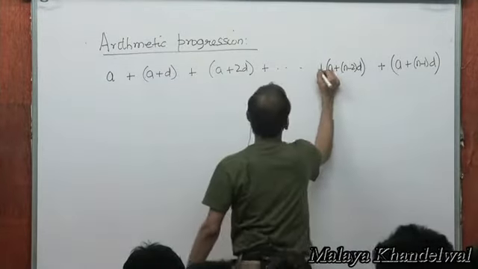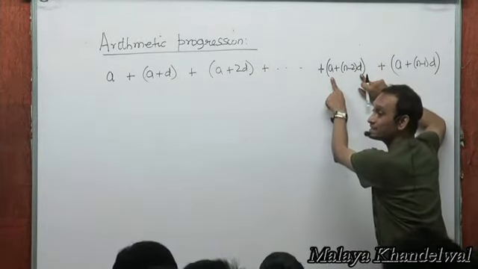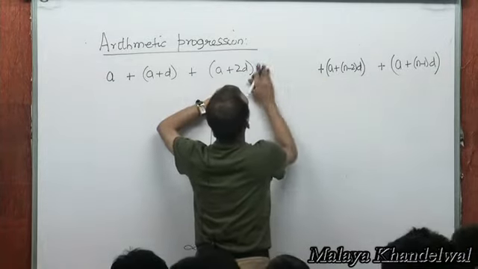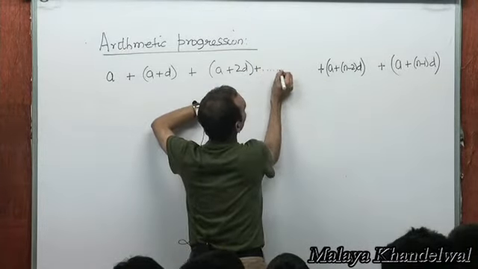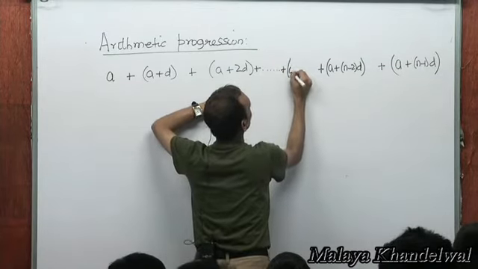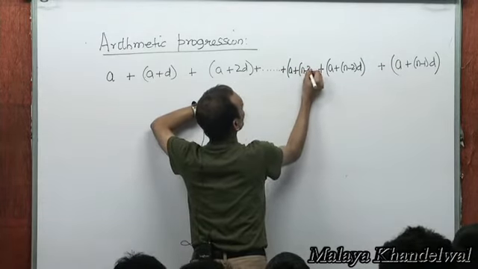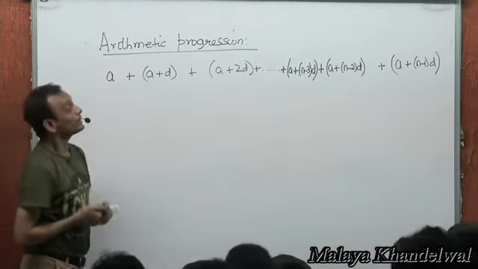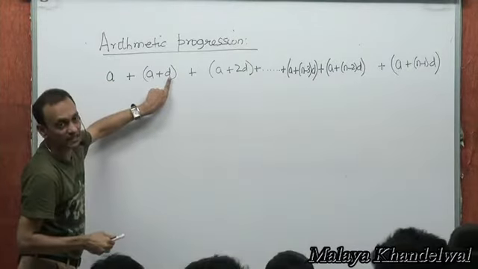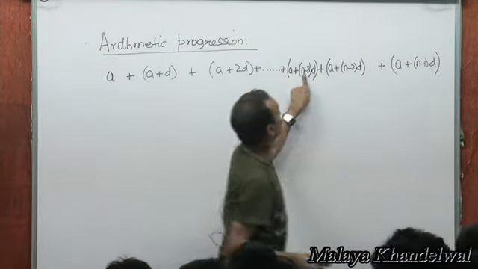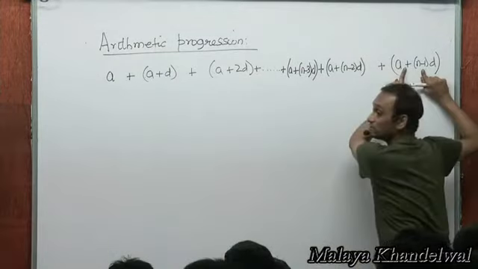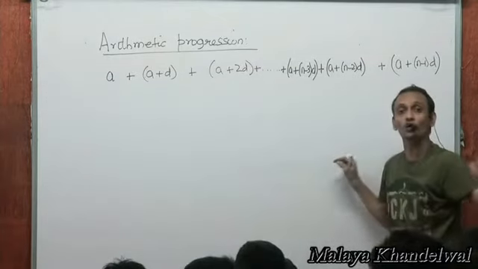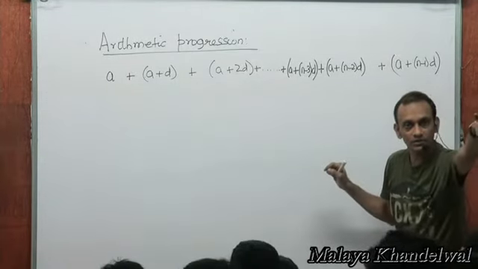The term prior to this is going to be D less than this: A plus n minus 3 into D. Yes or no? So this is the first term, second term, third term, fourth term, then this is the nth term, this is the n minus 1th term, this is the n minus 2th term, yes or no? Are you there with me on this, right?